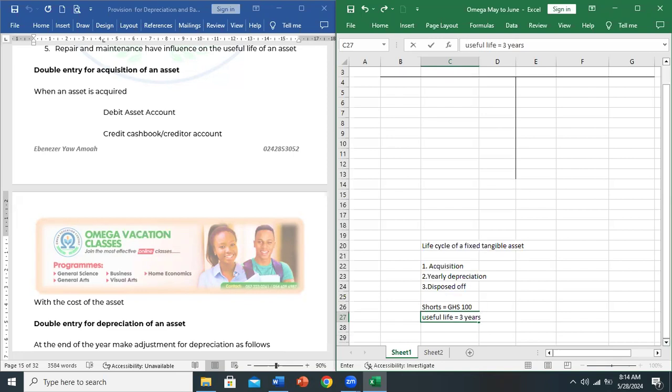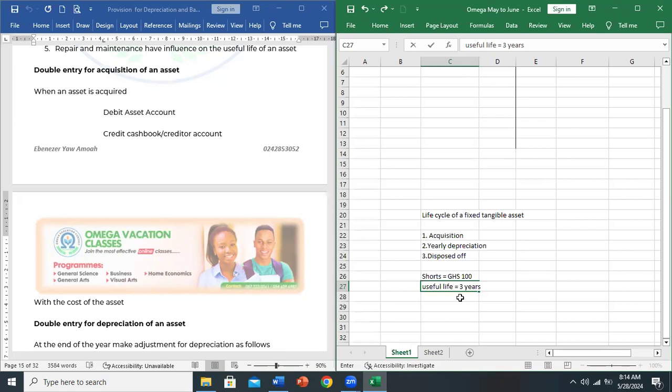Like 20, 30. 30 cedis. Okay. So let me find out from the rest of us. If after the 3 years, she's willing to sell it for 30 Ghana cedis, what is the name of that amount? The value of the asset after the useful life of 3 years. What is the name? Because we saw that the last time.